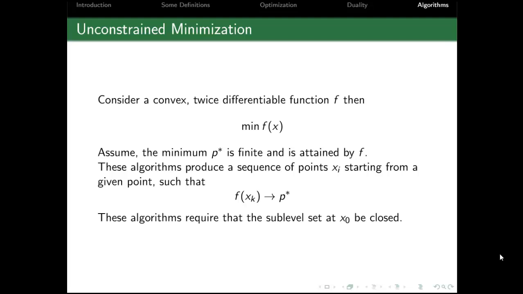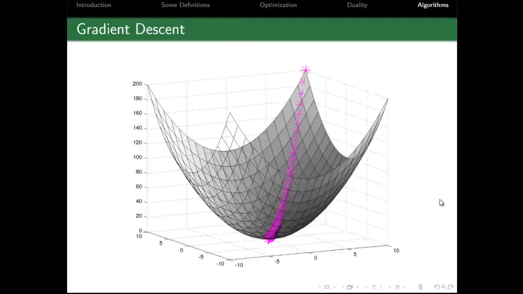This x1 belongs to the sub-level set of f at f of x0, and should be inside this set, so that we get a chain of points which are in the domain of the function.